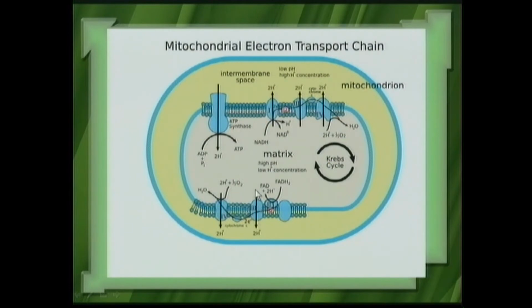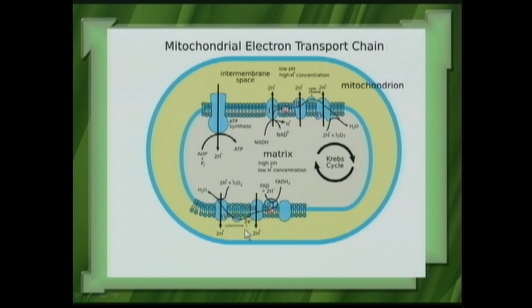The hydrogen ions are pumped by these proteins in the membrane, because remember the membrane is made up of the phospholipids as depicted here, as well as the proteins embedded within the phospholipids. Here you also have the protons pumped from an area of lower concentration to an area of higher concentration, so there's a tension here.